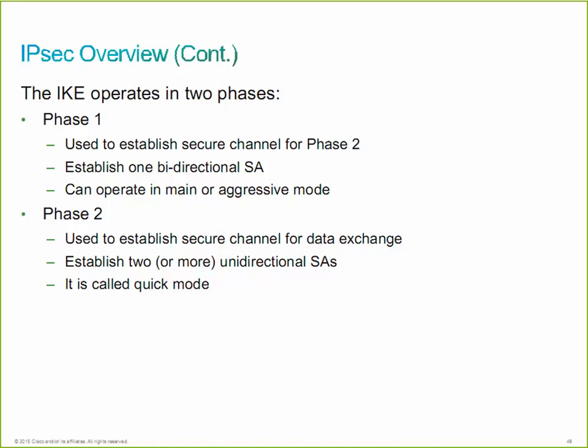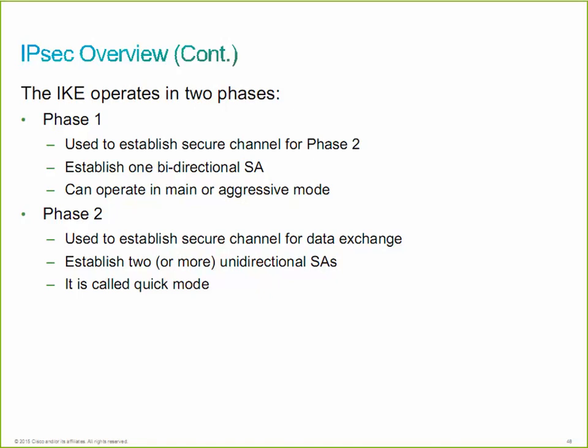Now, I mentioned in phase one that we operate in either main mode or aggressive mode. Main mode has 3 two-way exchanges between the peers. In aggressive mode, there are fewer exchanges made and fewer packets, so it's a little bit faster than main mode, but there are some downfalls to that approach. The reason we may choose to run main mode is it gives me a lot more flexibility on my policy negotiation.